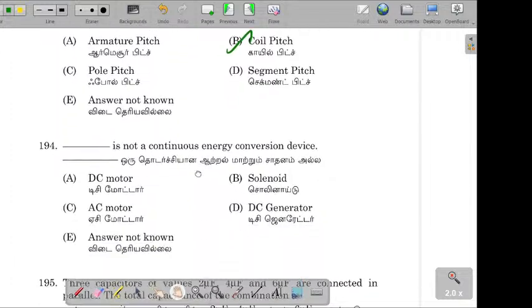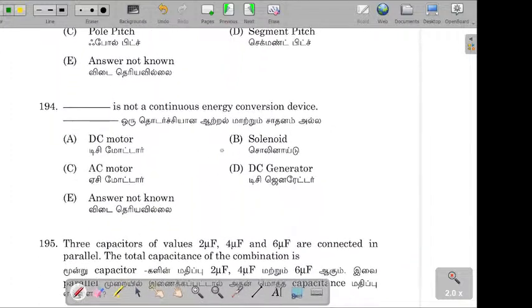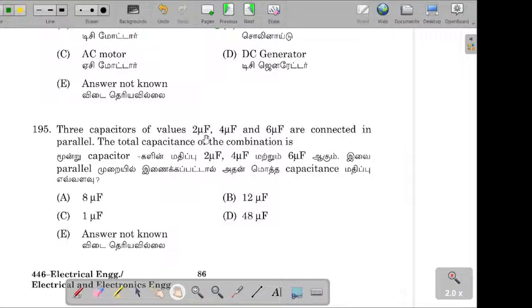Solenoid is not a continuous energy conversion device. Three capacitor values of 2 microfarad, 4 microfarad and 6 microfarad are connected in parallel. The total capacitance of the combination will be 12 microfarad.